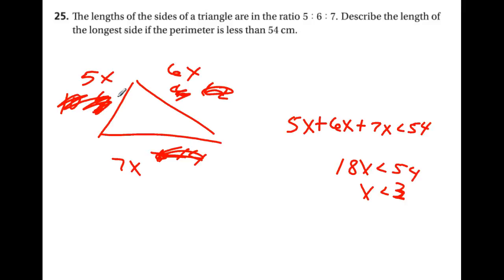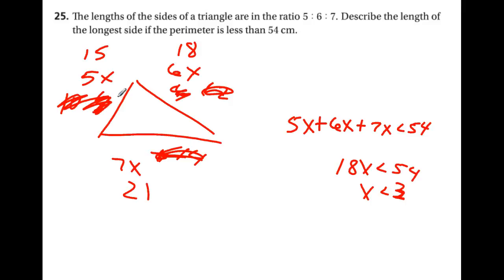So describe the length of the longest side if the perimeter is less than 54. Well, x is less than 3. So let's say x could be 3. Then we'd have 5 times 3, 15, 6 times 3, 18, and 7 times 3, 21.